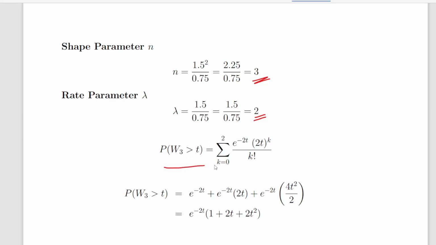So we can use our expression here now. This is the survival function, which we're given in the notes. We have n is 3, so the upper limit of the summation is n minus 1, which in this case is 2.